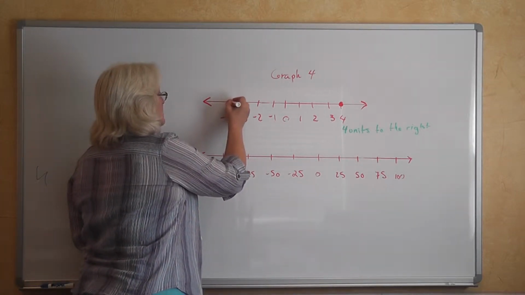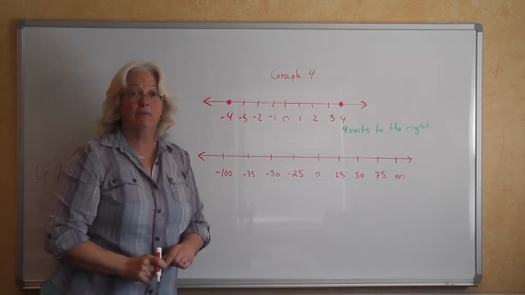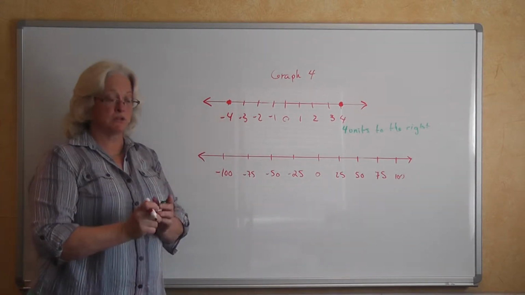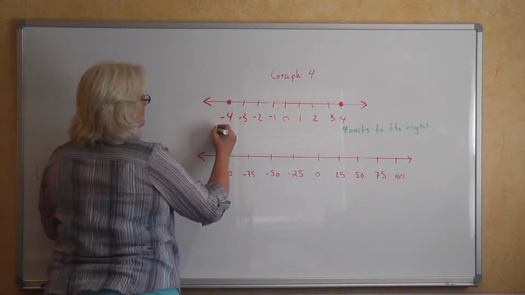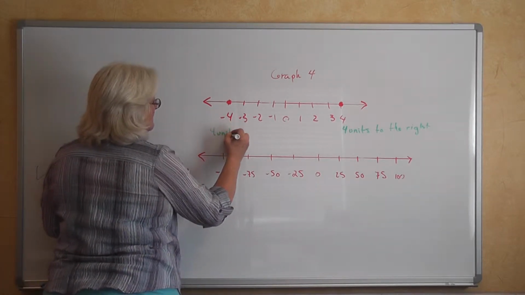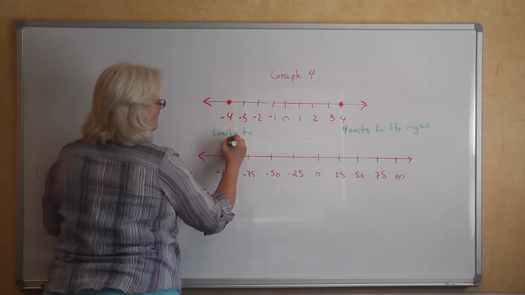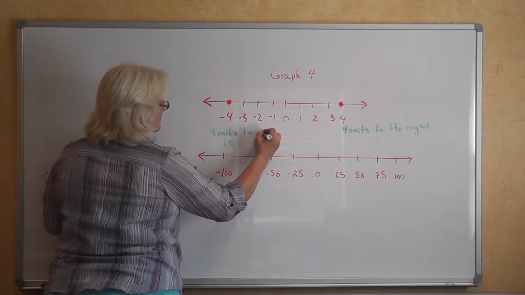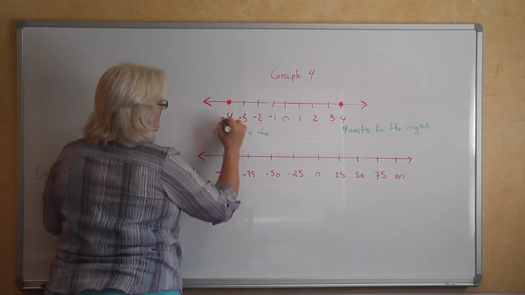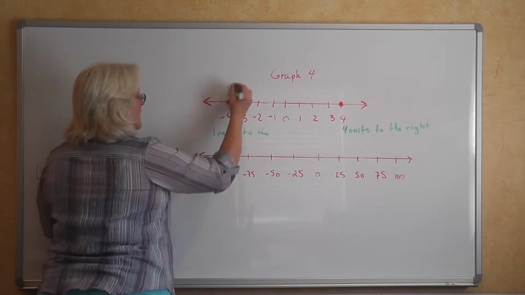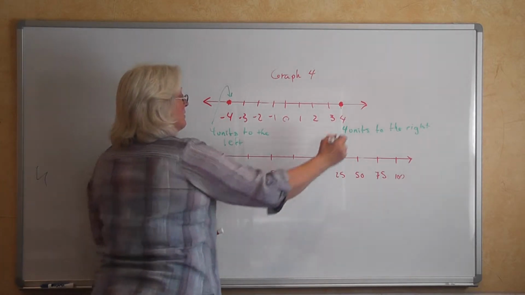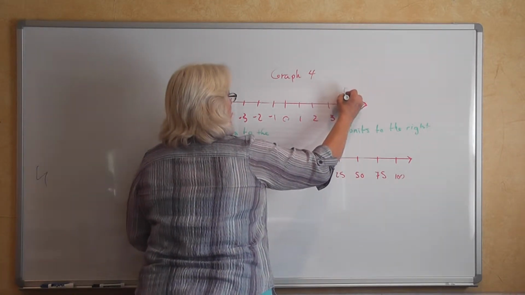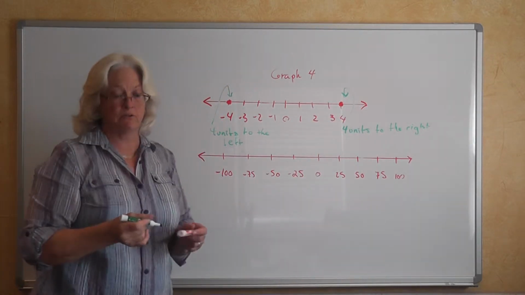So what number do we have that is 4 units to the left of 0 on the number line? Yep, we have a negative 4. 4 units to the right on the number line, we have a positive 4.